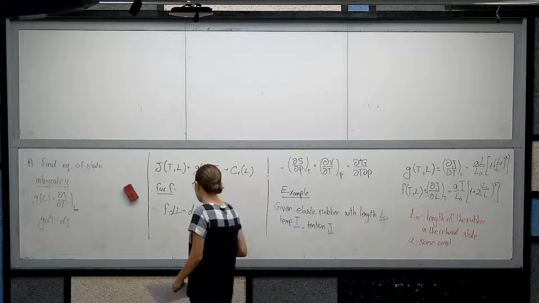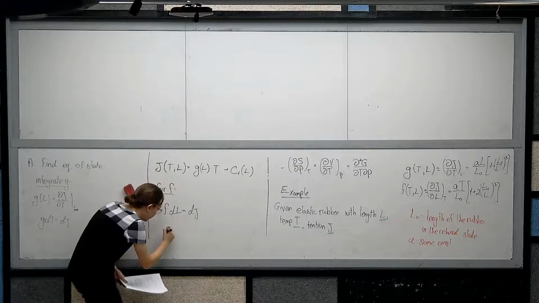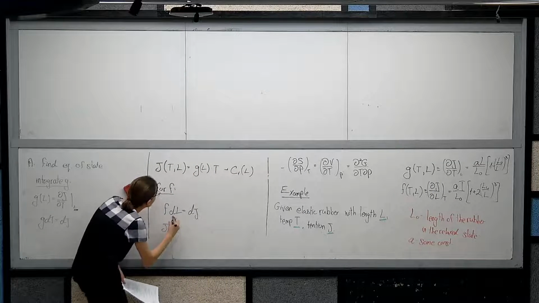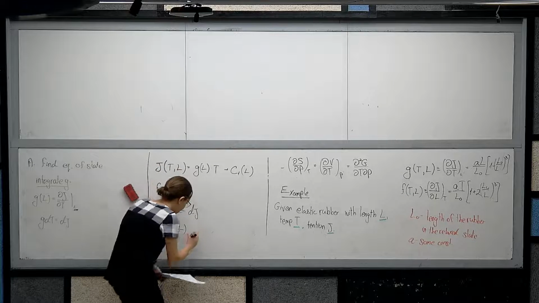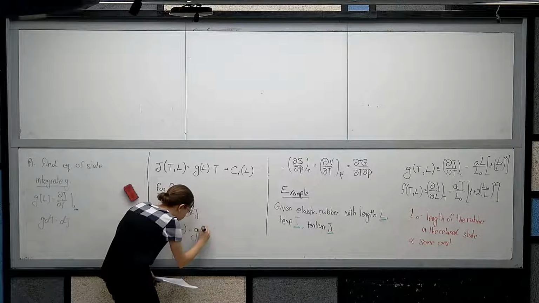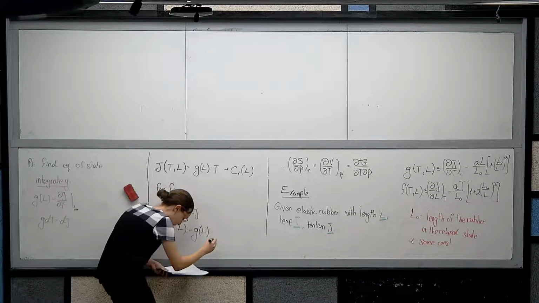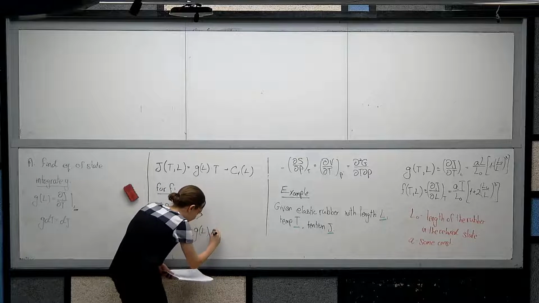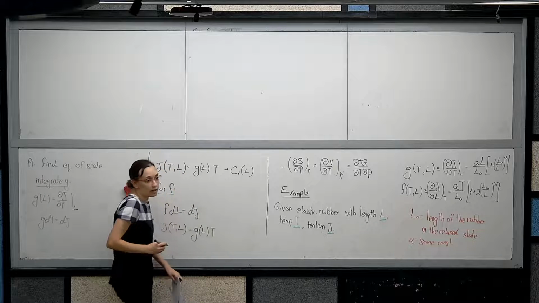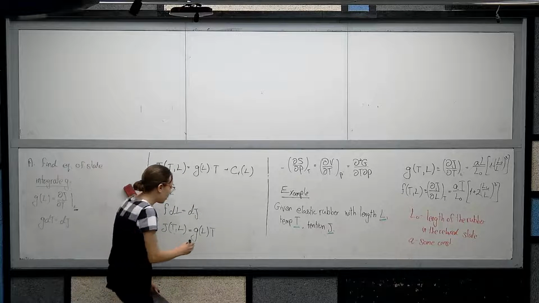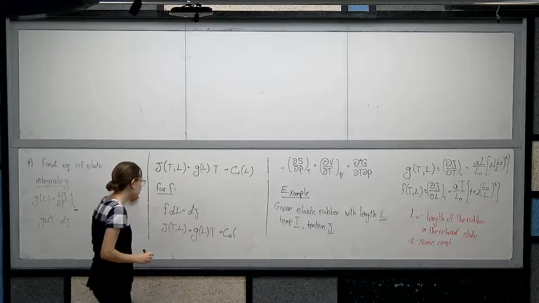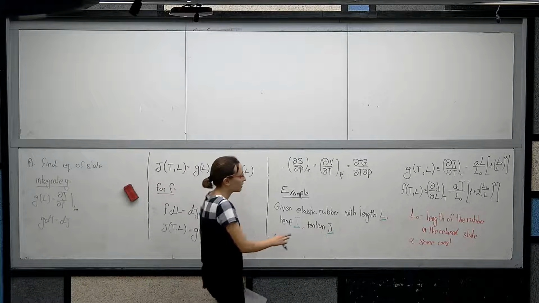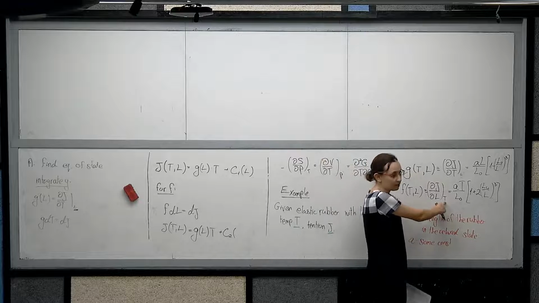So we're getting that J, which depends on T and L, equals, in the final solution, again the function G times T, and again we're adding a constant, and now this constant can depend on T because here T is constant.